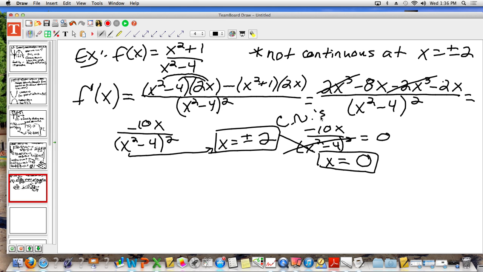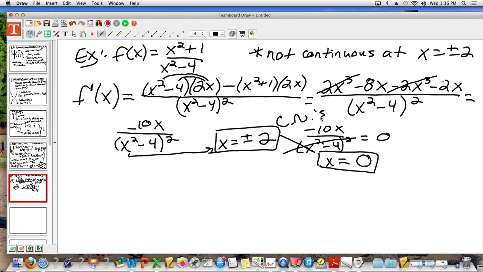So we have an x value of 0, and that is a critical number also. So we had to consider all options. What values make the bottom 0? And we also had to consider anything that made the overall derivative equal to 0. Oh, this one's only going to have a max or a min. Yes, it's only going to have one max or one min, maybe, depending on what happens with the rest of the problem. But yes, it's looking like that.